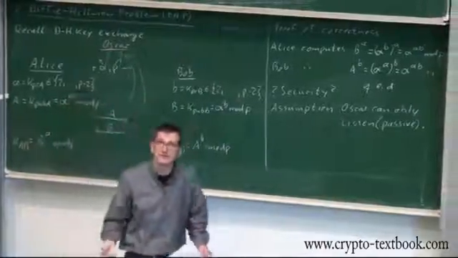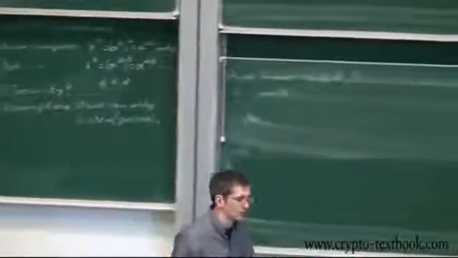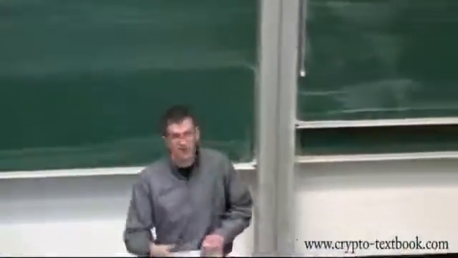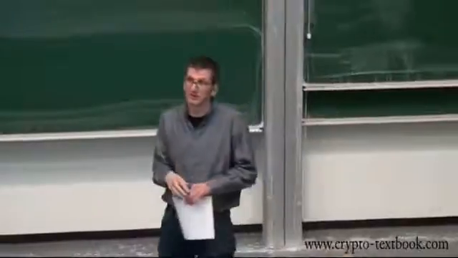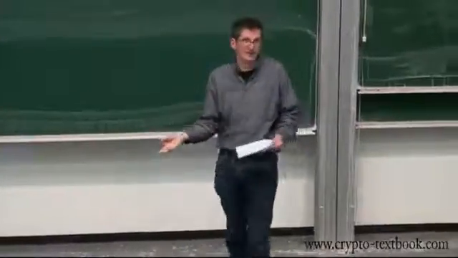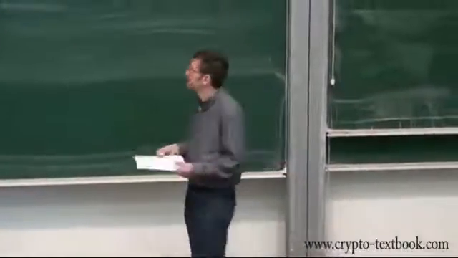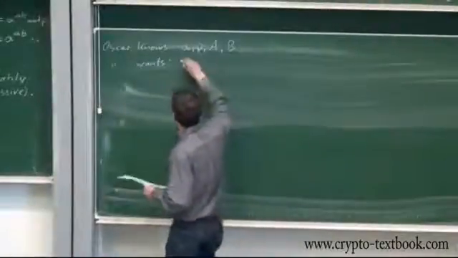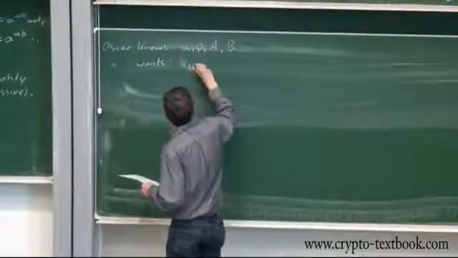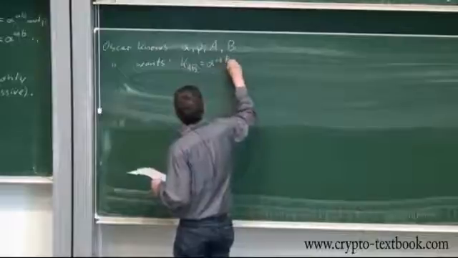And if he can compute that, it's a stupid protocol, right? It doesn't work. Then we can show that it's correct, that Alice and Bob can compute the session key, but if Oscar can compute the session key, it's not worth anything. So what Oscar wants to know is K_AB, which is alpha to the ab, okay?